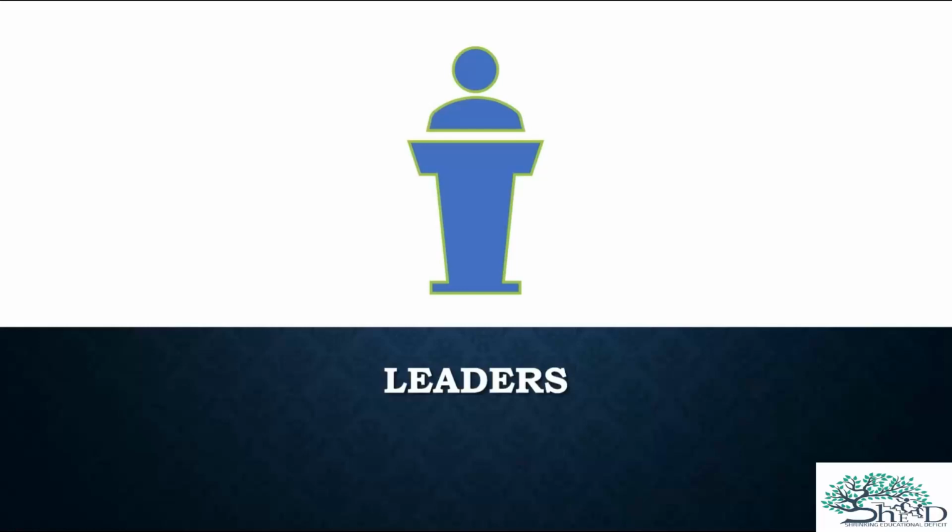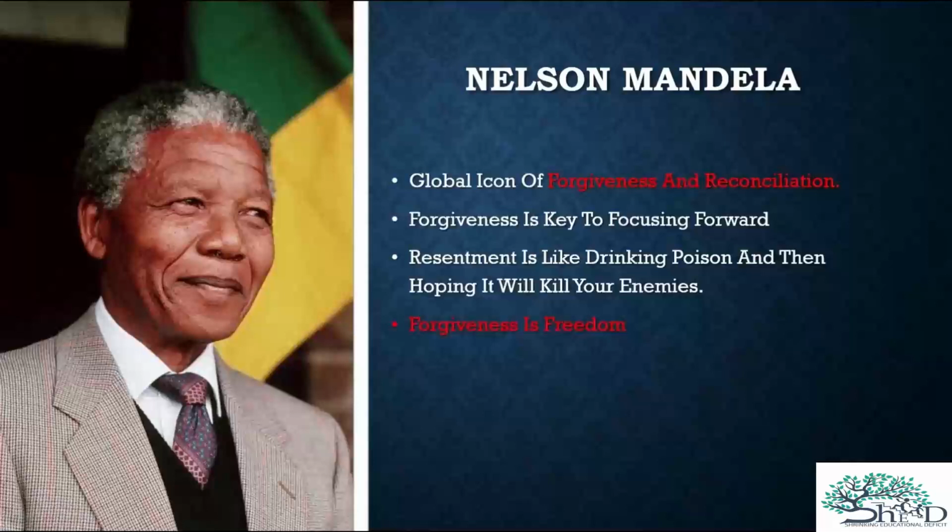The best leader that comes to mind is Nelson Mandela. He is the first icon that comes to mind when you think about global leaders. He is the global example of forgiveness and reconciliation. Even Mahatma Gandhi said that forgiveness is the virtue of the strong. Taking the example of Nelson Mandela, he was jailed during the apartheid regime, and when he became president, he easily could have punished those whites.